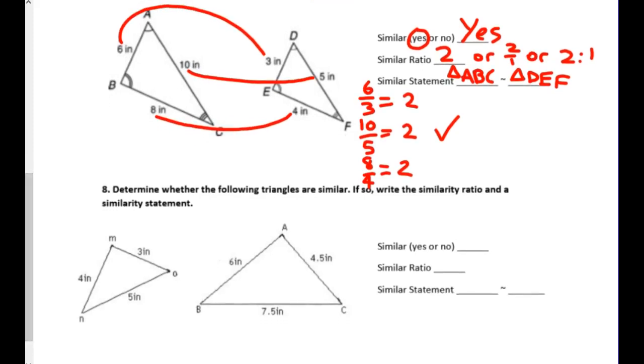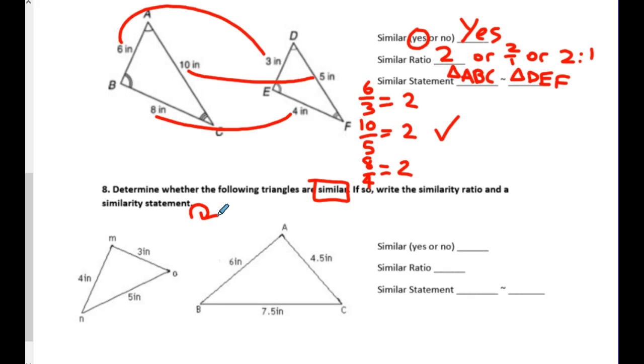Okay? Number 8, determine whether the following triangles are similar. So again, this is like the last problem. It's a similarity problem. Same exact question. Okay? Now you'll notice that to get from this triangle to this triangle is a little bit of a rotation. Maybe 30-degree rotation.